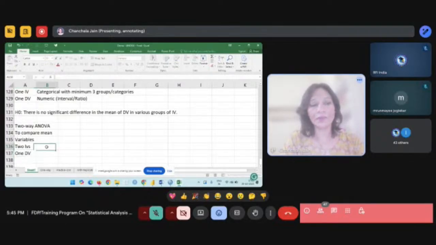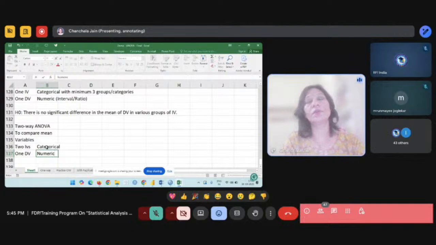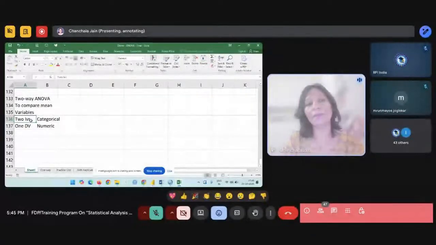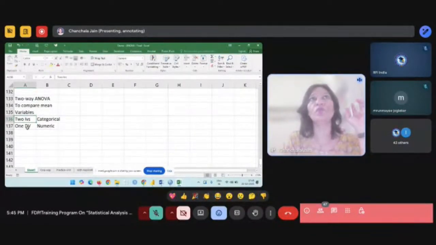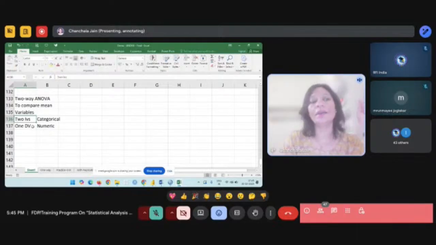The IVs will be categorical and the DV will be numeric, that is interval or ratio scale, right? So when I have 2 categorical variables and 1 dependent variable, I want to see whether this dependent variable has the same mean in context of the 2 categorical variables or not, right?